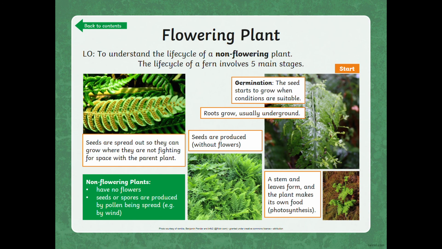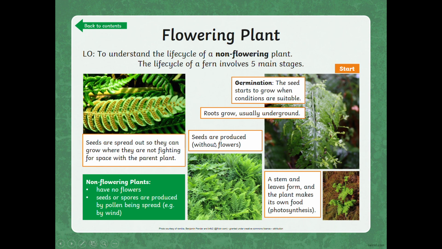Then we have a non-flowering plant, for example a fern, and that involves 5 main stages. Germination, where the seed starts to grow when conditions are suitable. The roots grow, usually underground, so that's the same as the flowering plant. A stem and leaves form, and the plant makes its own food, photosynthesis, that's the same.